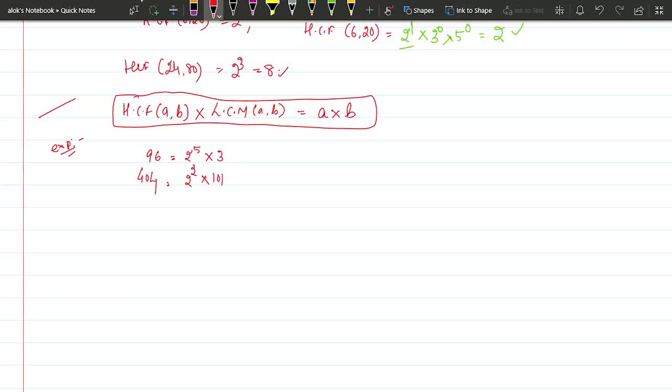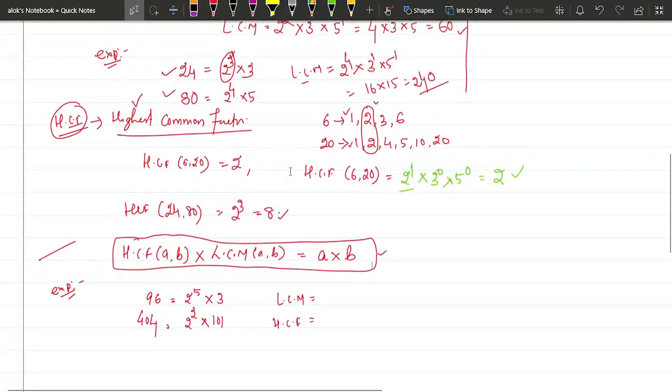So here LCM will be, and HCF will be, okay, we only found LCM. Now, we can find both of these from this, but to check this formula, here we can check the formula also.